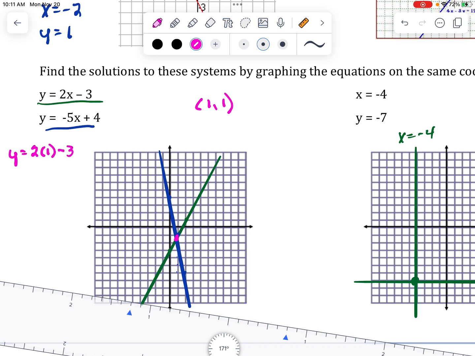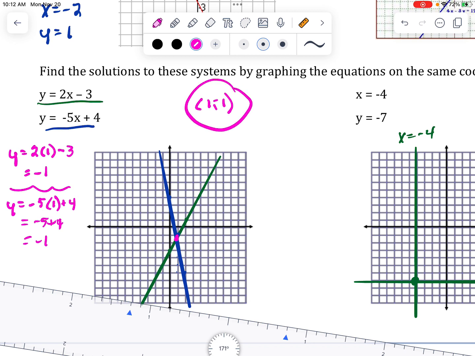If we put in 1, 2 times 1 minus 3 is -1. If we put it into the second equation, -5 plus 4 is -1. This is the point that makes both the equations true.